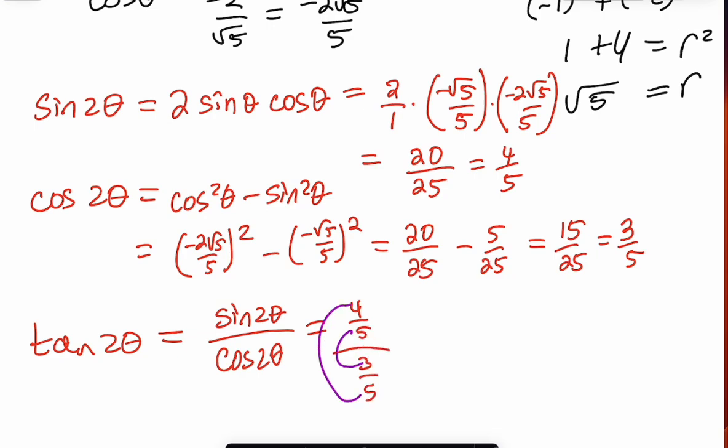And you can do big C over little c. Watch what happens. We have a 4 times a 5 from the big C. We have a 3 times a 5 from the little c, so the 5s will cancel. That's what happens if both big C and little c contain the same number, and we get an answer of 4/3.